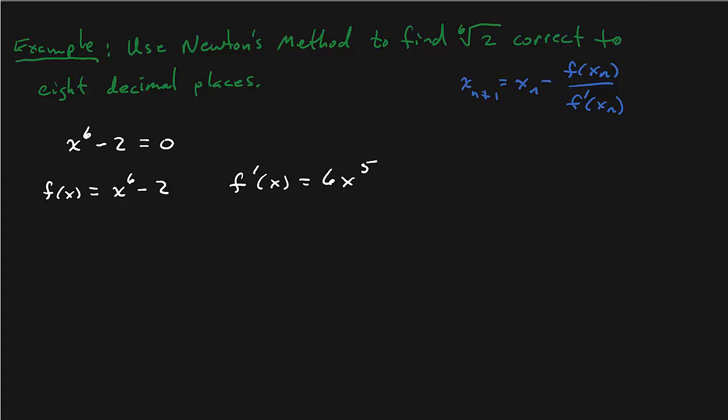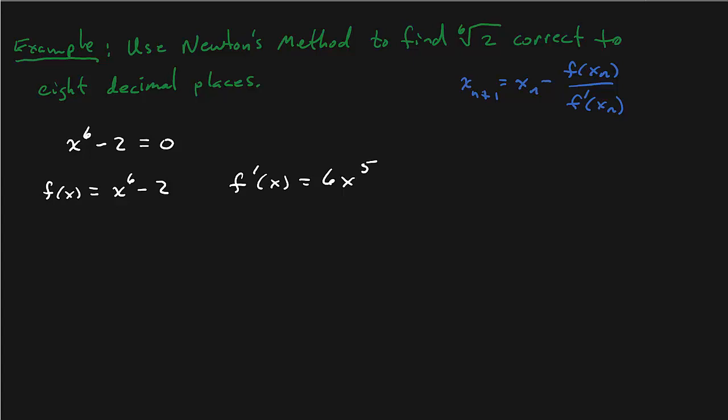You can get a graph of it, like you'll see in, I think, the next problem we work, where we're going to graph it and find our initial guess that way. But for this one, just use some common sense. Okay, what's the square root of 2? It's 1 point something, right? We know it's not below 1. It has to be above 1, right?